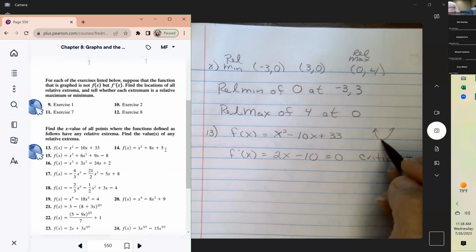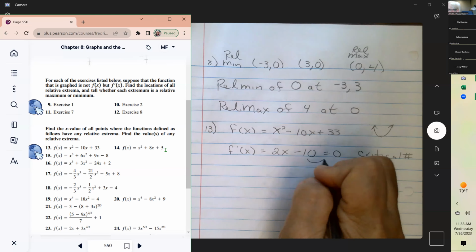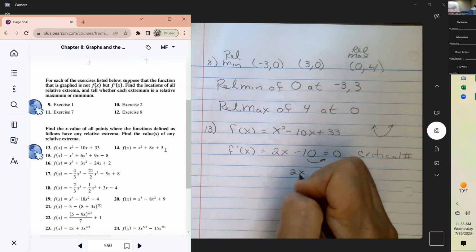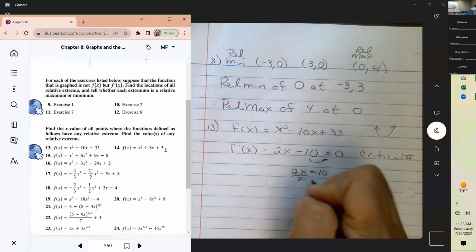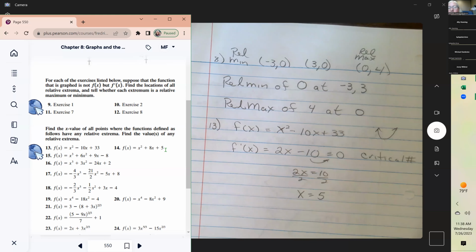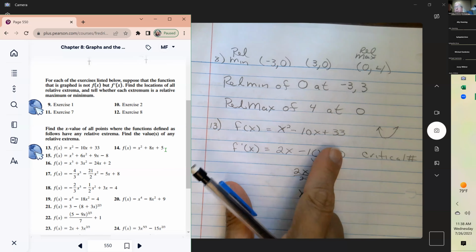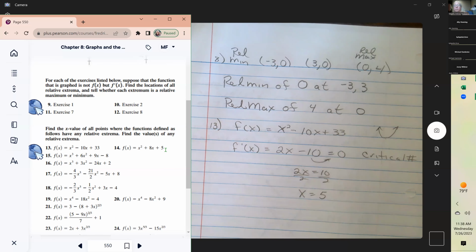And it's also the x value for the vertex. Bring the 10 over, divide by 2. So there is a relative min at x equals 5. Find the y value, plug it back in, just like we did for the vertex.